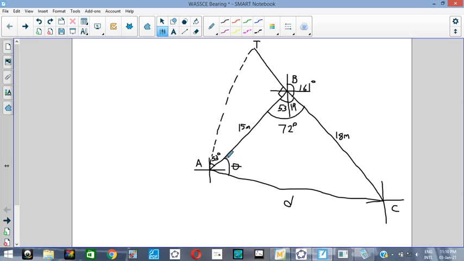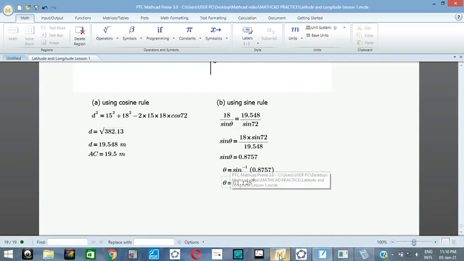Now that I know this theta, all I need to do to get the bearing is 53 plus this theta, and that is the bearing from A to C. You can see the turning from the north, 53, down to this place, then you continue the turning down to this line before you move down.